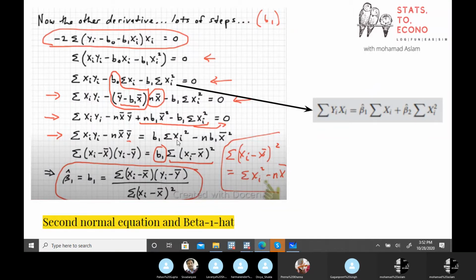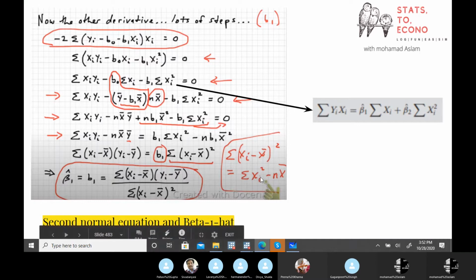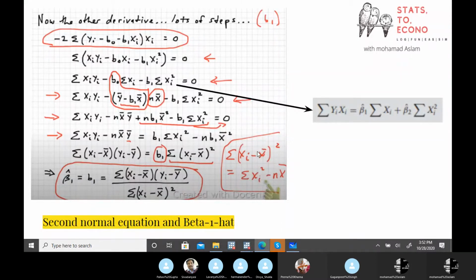Here we will take beta 1 out as a common value. Then we are left with summation xi square minus n multiplied by mean square in this term. Now just the proof that this term is equivalent to this term.